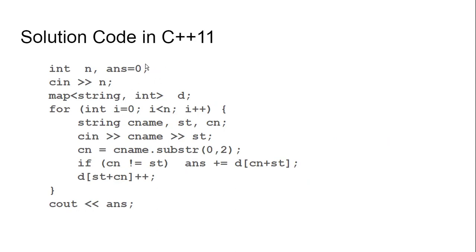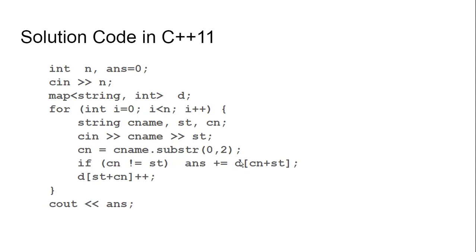So here is essentially the same logic in C++. We use a map from string to int. The only thing I want to illustrate is that you can use this array reference syntax in C++ for a map.